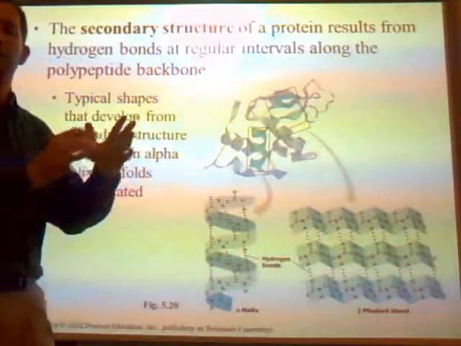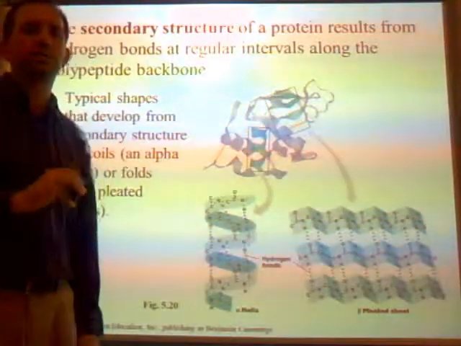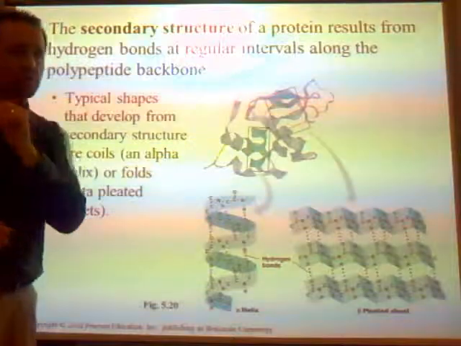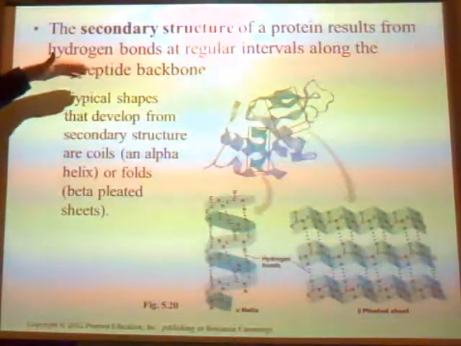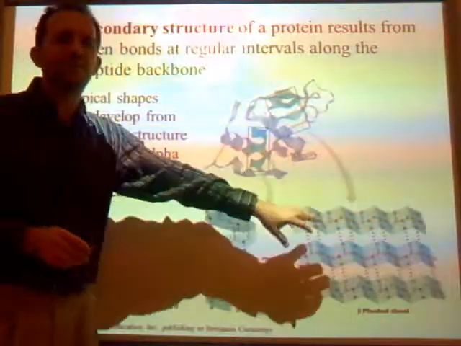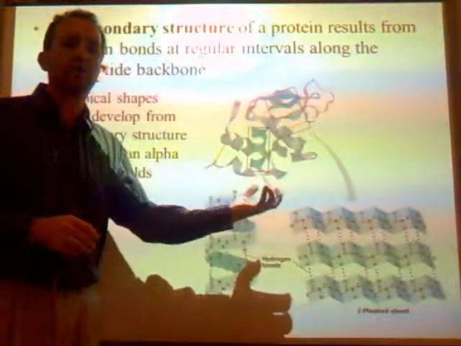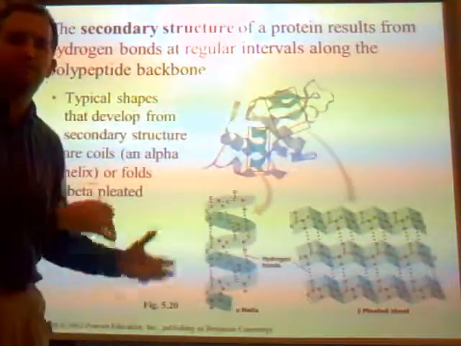Number 1, first level or primary level of structure is going to be the amino acid sequence. Number 2, we have the secondary structure or the secondary level of protein structure. And this is going to be based upon its folding. How do the bonds actually interact and cause this particular protein to fold?